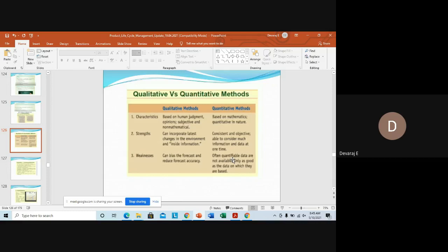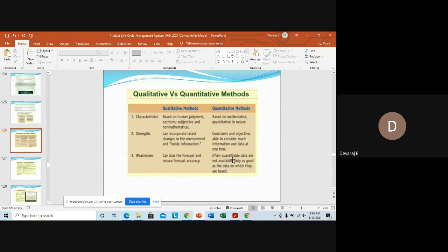Quantitative indicates that for any given problem, we will try to solve it by mathematics using equations. But the qualitative method is purely dependent upon the experience of the managers or the employees. They will take the decision whether this structure can sustain this load or not, because they have experience from the past 10 years.